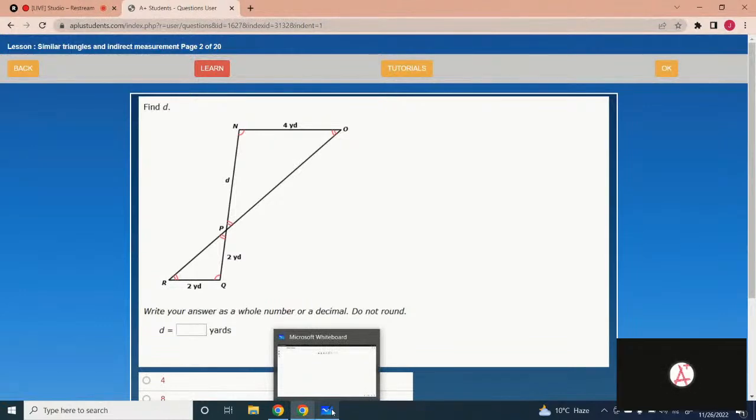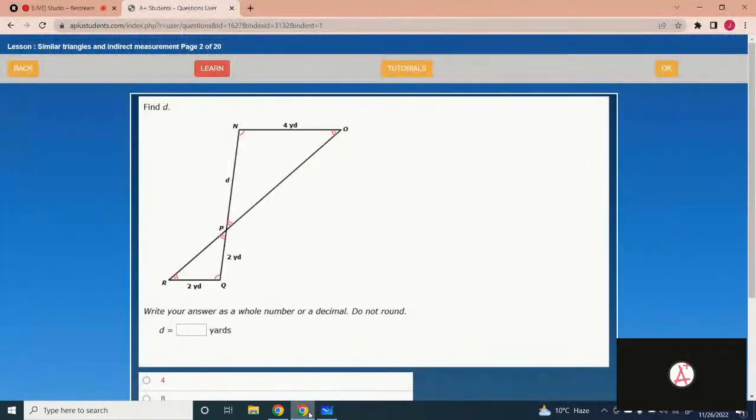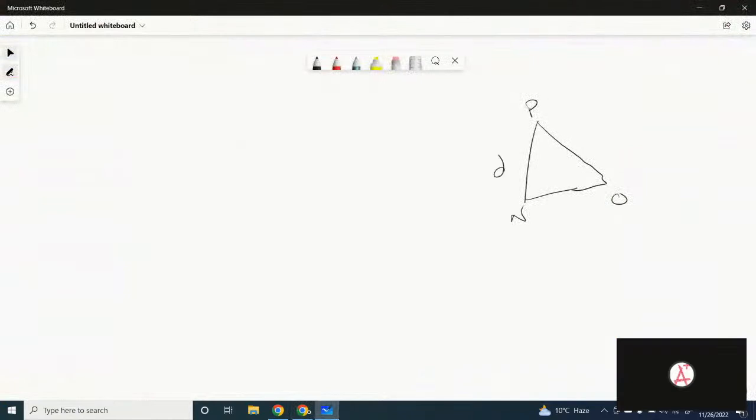NPO. NP is D. When you flip the greater triangle, it would be like this.